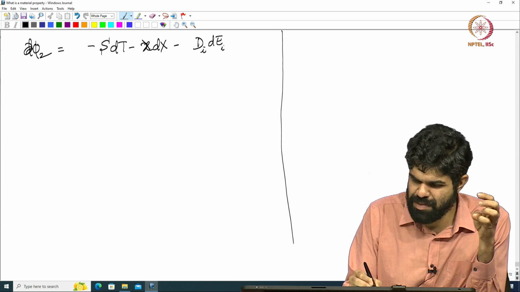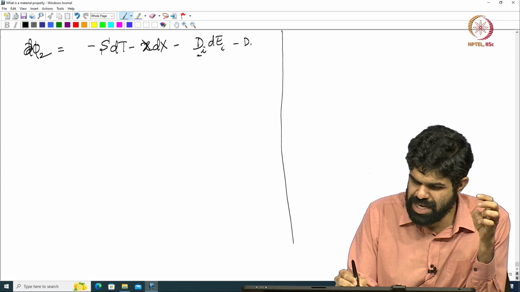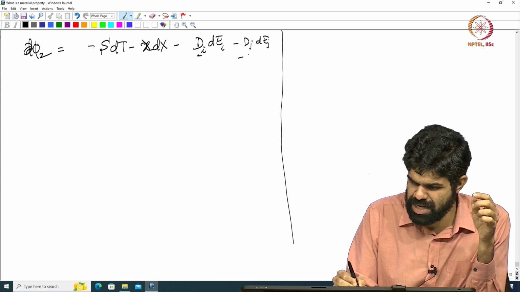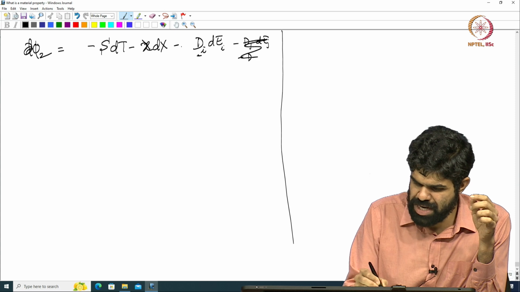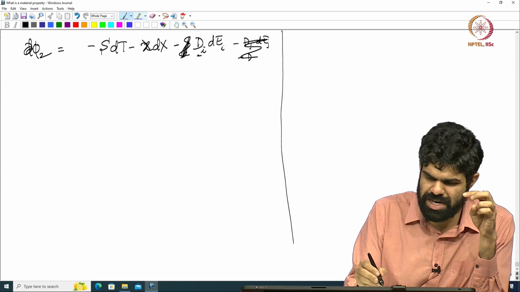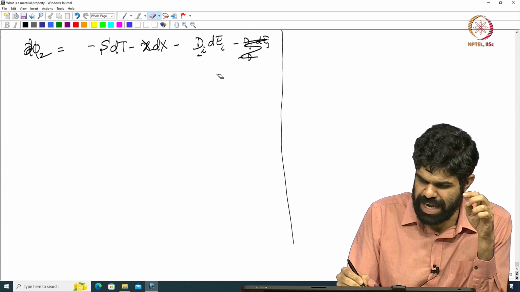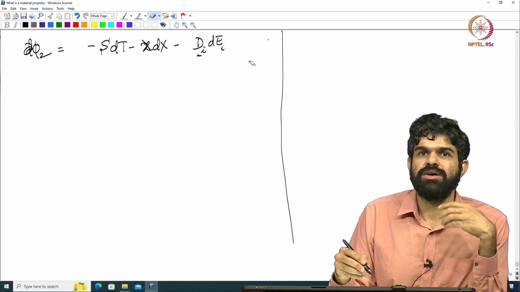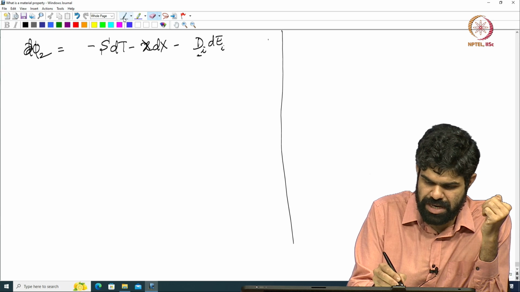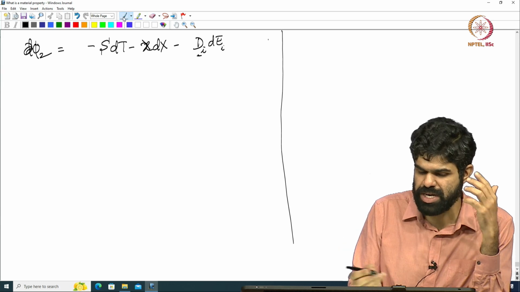That means that this is minus Di dEi minus Dj dEj minus and so on and so forth, right. So, minus Dk, so all the components, so it is a sigma of that essentially. Okay. But I am just going to use Einstein notation and use just the index i, so that if it is the same index, I will sum over the index, right. So, Einsteinian tensorial notation I will just use here.